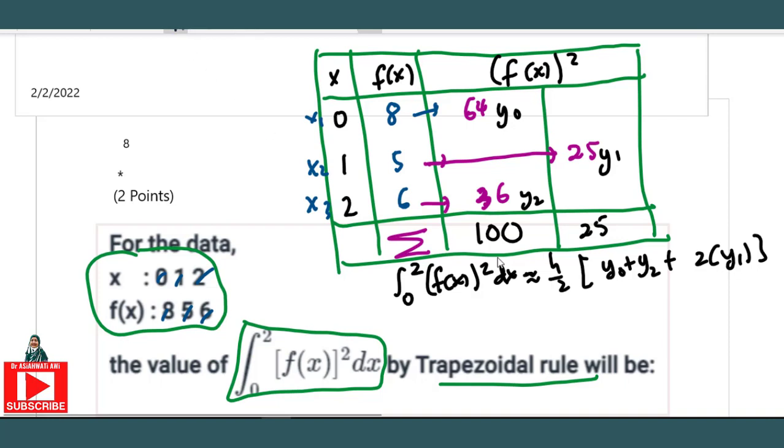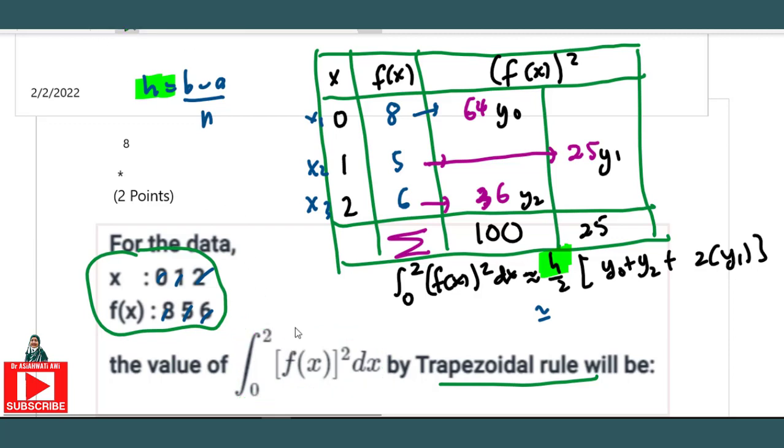Then substitute. So we're going to find h. To find h, h is equal to b minus a over n. So b is 2, a is 0, substitute: 2 minus 0 over n.